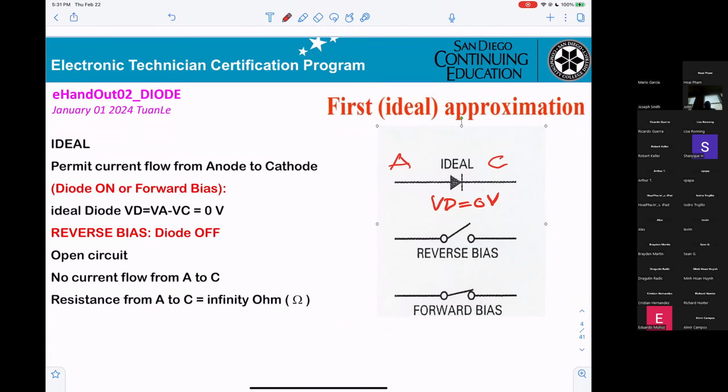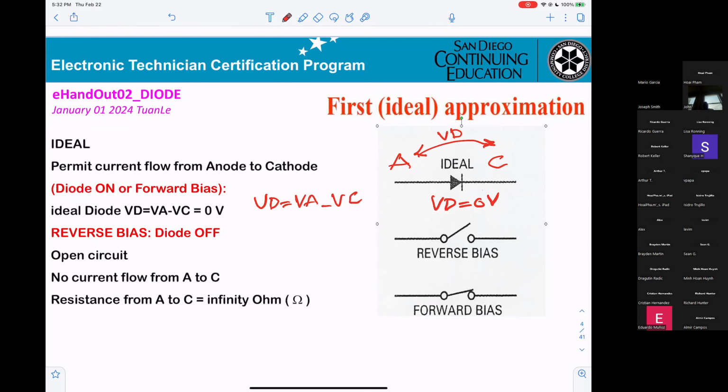And the voltage across the diode is VD. You see VD equals VA minus VC. For the ideal diode, VD is 0.